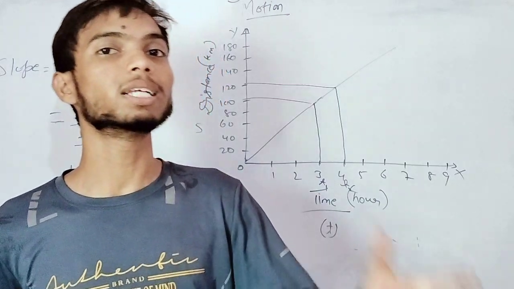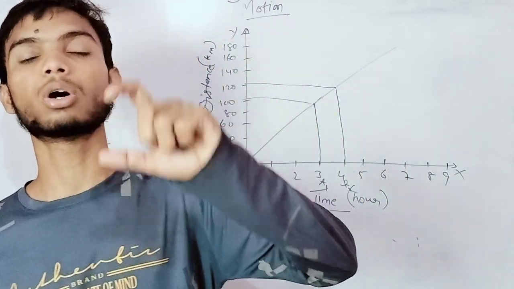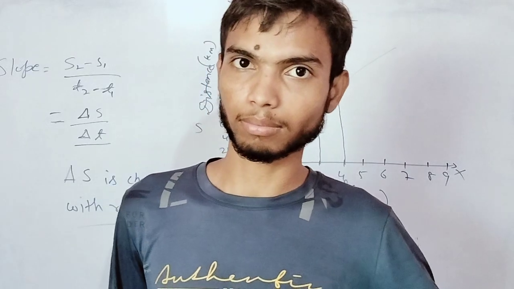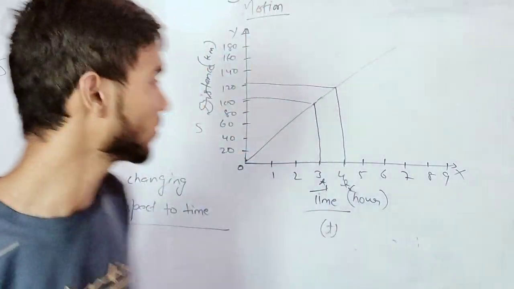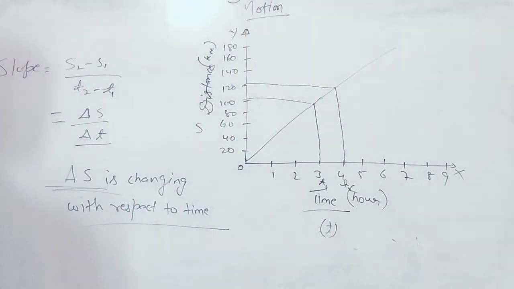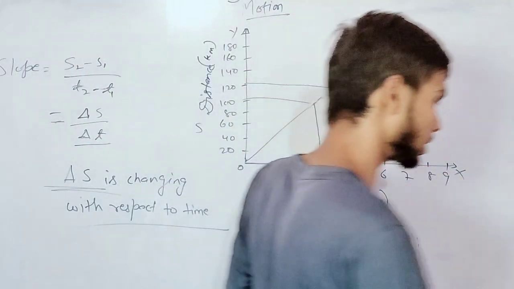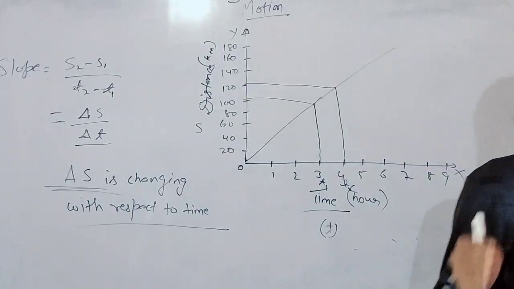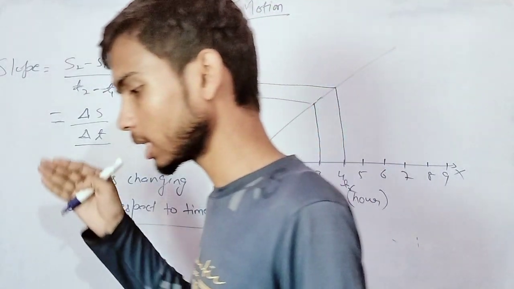So can we say speed depends on time. It is taking time. That's why we are saying when a speed is changing, of course it will be taking time. So a speed is changing with respect to time. It will take time.